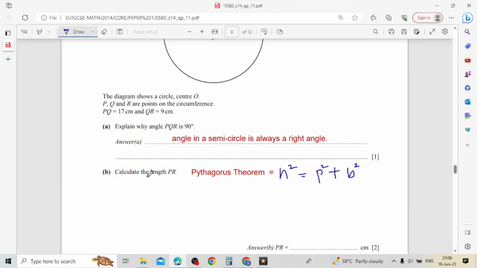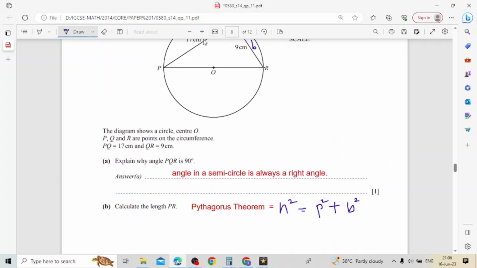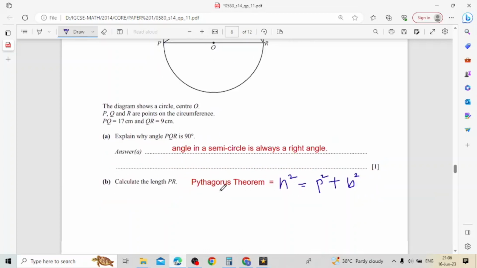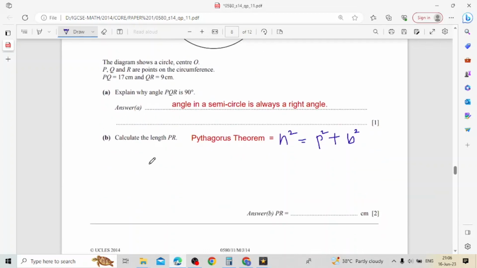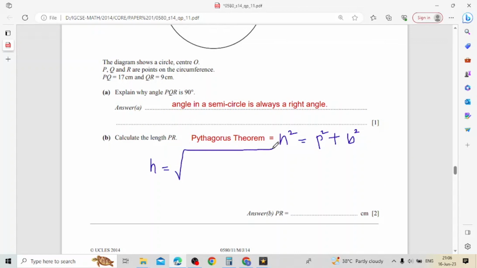Now let's get the answer over here. We don't know the hypotenuse, right? So to simplify it, h is equal to under root, because the square goes as an under root on the other side.